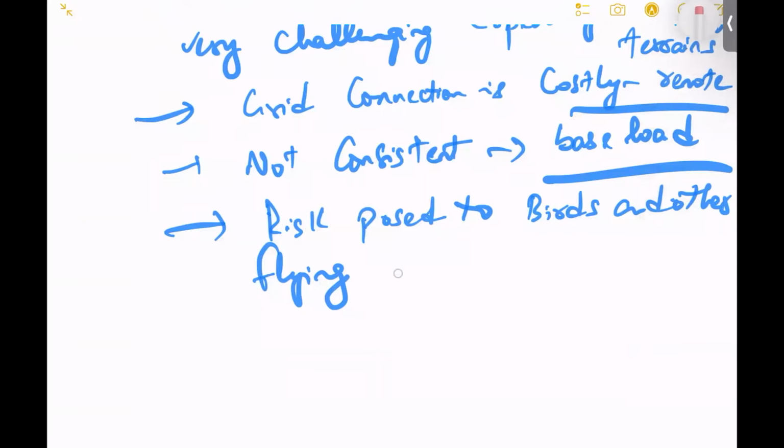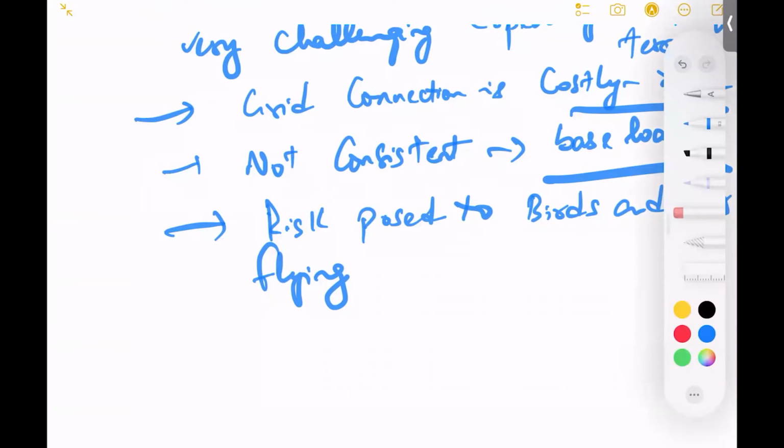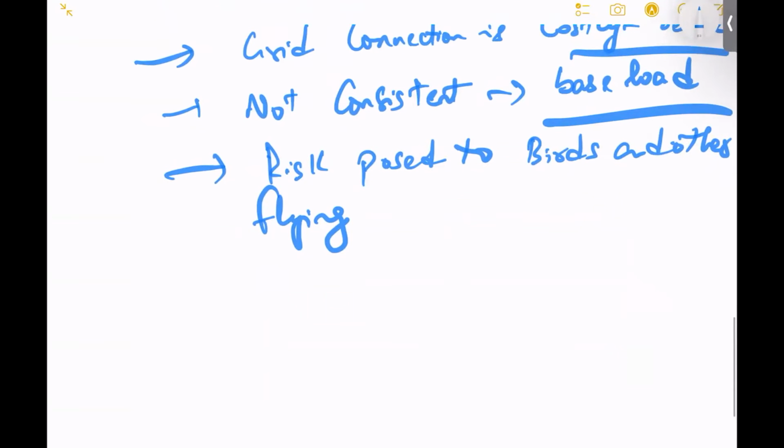It poses a risk to them. So that is another important thing. Okay. And then technology constraints.